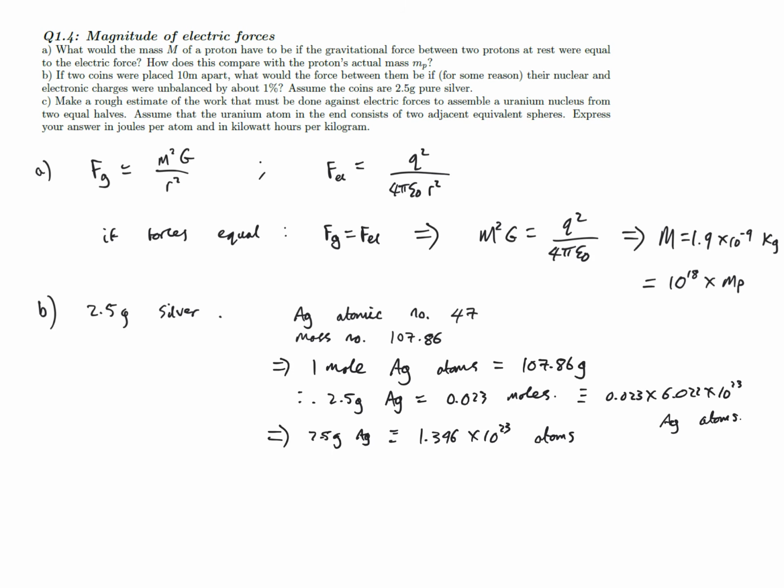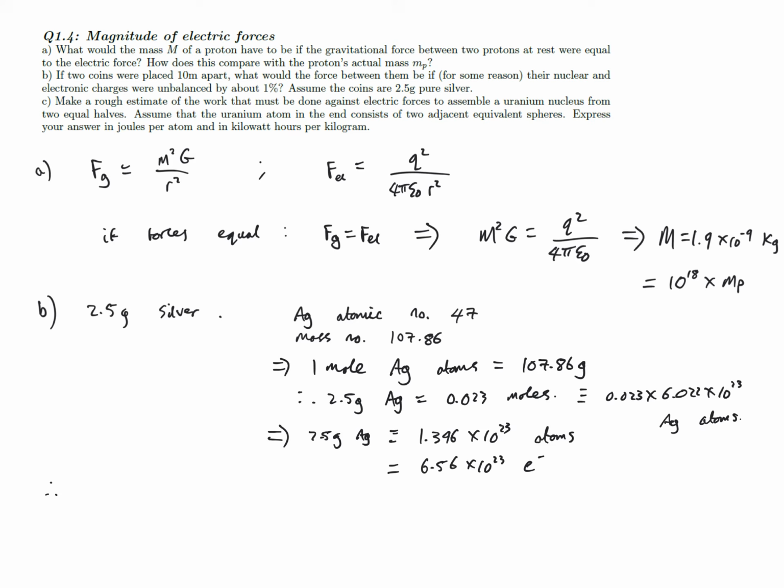And then we have to multiply that by 47, because that's the atomic number, to get the number of electrons. 6.56 times 10 to the 23 electrons. Okay, so an actual coin of silver has something like 6 times 10 to the 23 electrons in it. It's pretty massive.